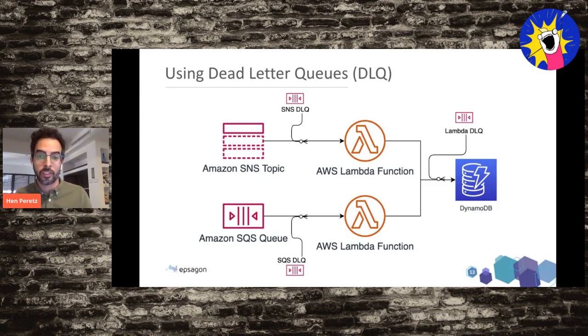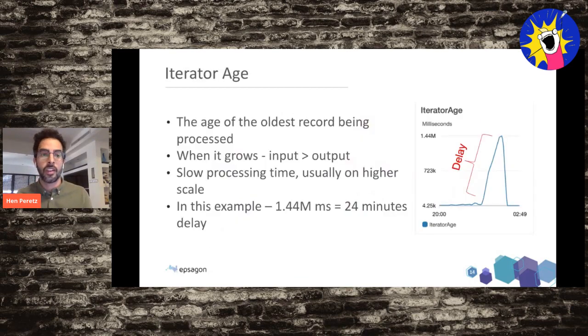One of the metrics is called iterator age, and iterator age is probably the best metric to look at when you're trying to figure out whether you have bottlenecks in your stream-based stateless environment. I think it's the most used metric to identify bottlenecks in those environments. It shows the age of the oldest record being processed by our service, meaning a large iterator age can be due to various reasons.